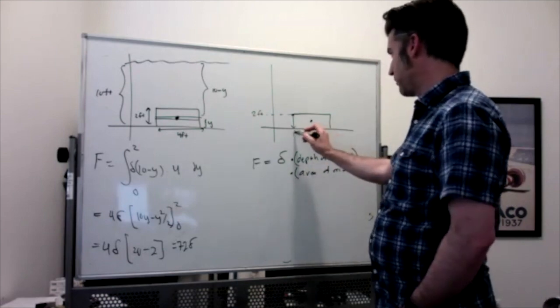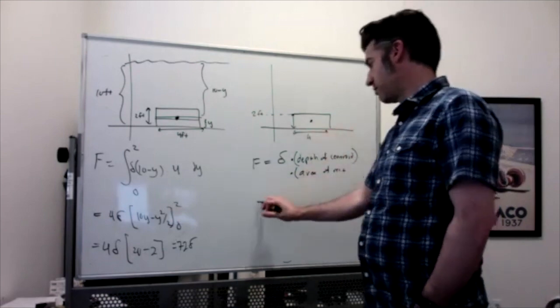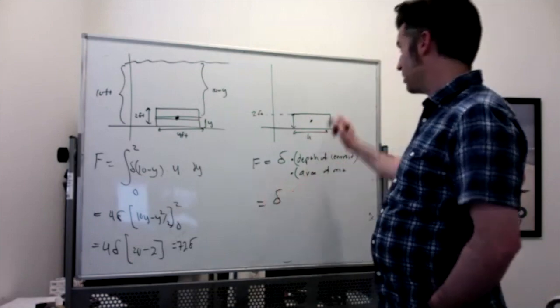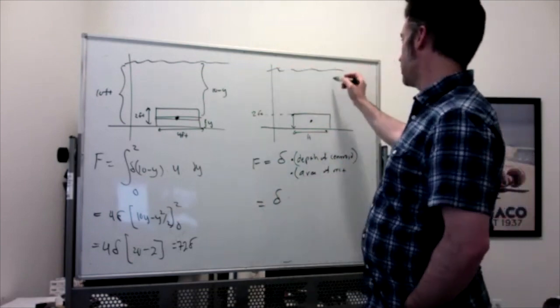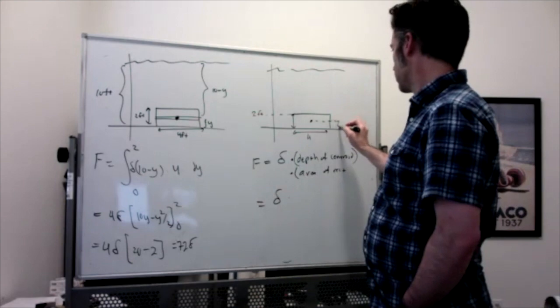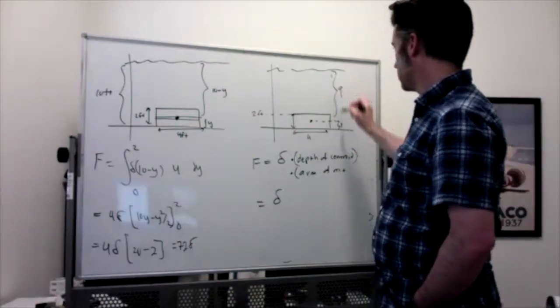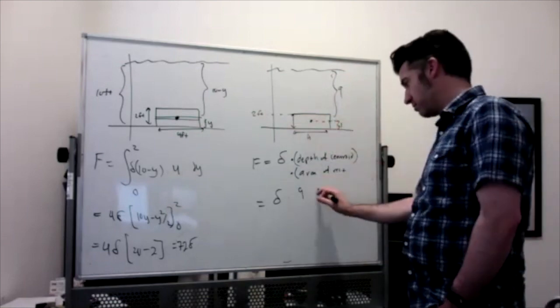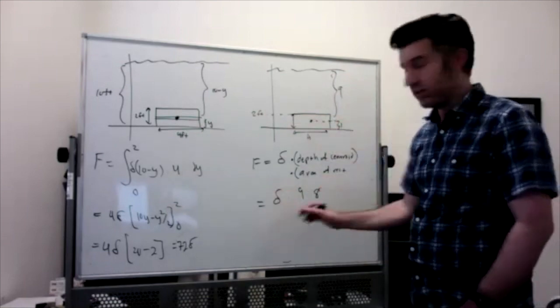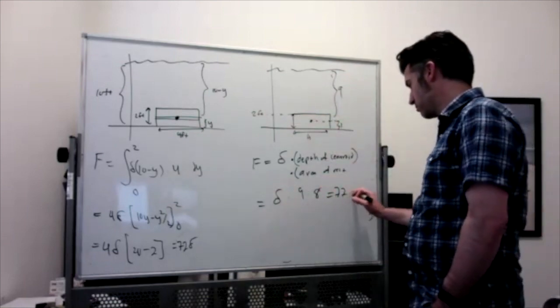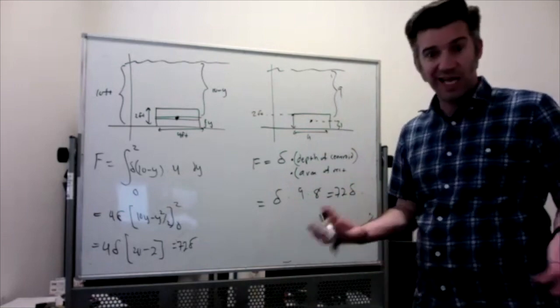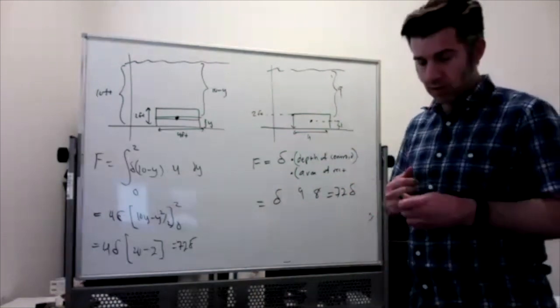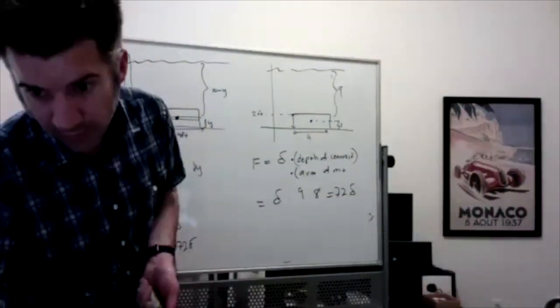The depth of the centroid is 9, and the area of the rectangle is 4 times 2, which is 8. That gives 72 delta. Kind of neat. So Pappus's theorem is applicable in other ways.